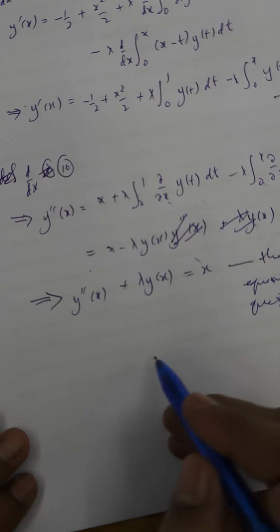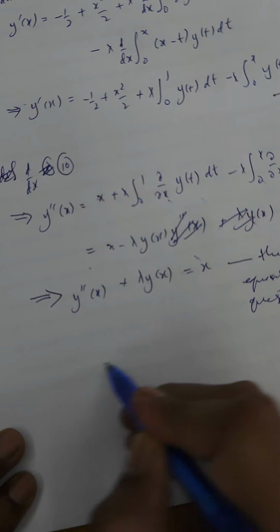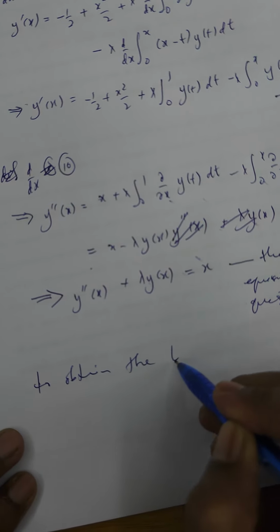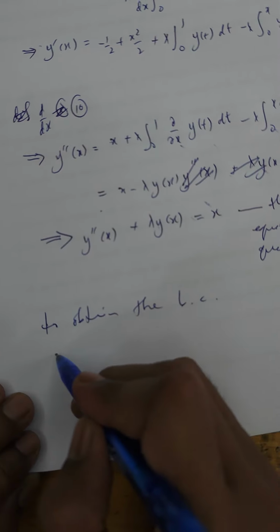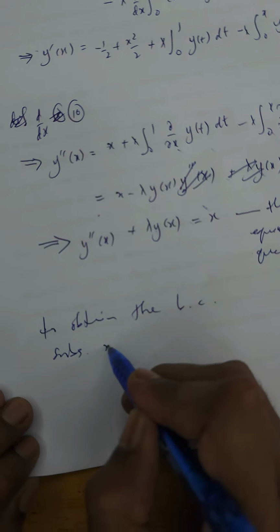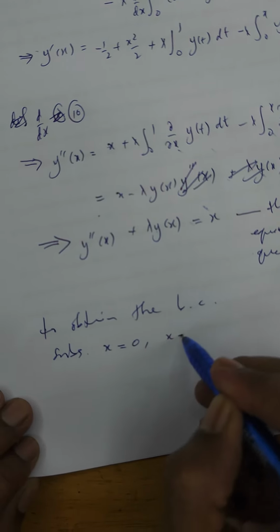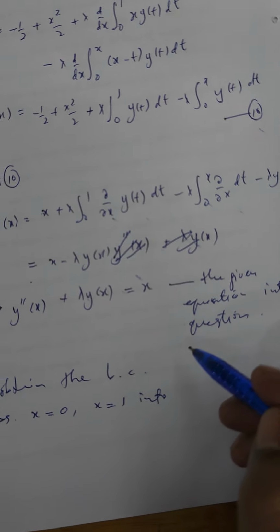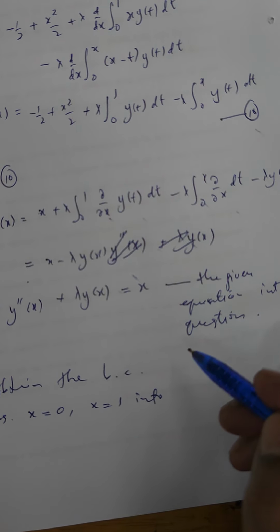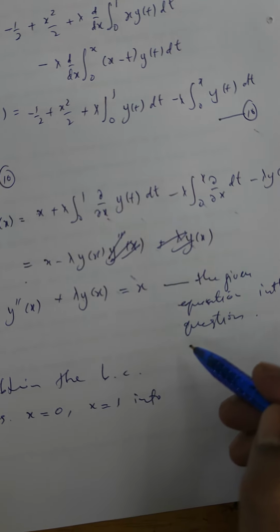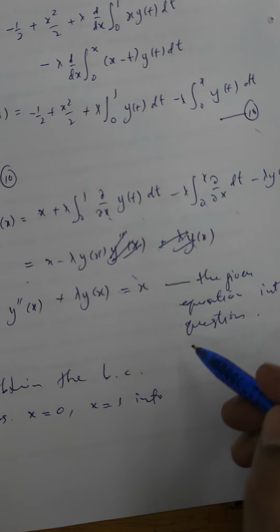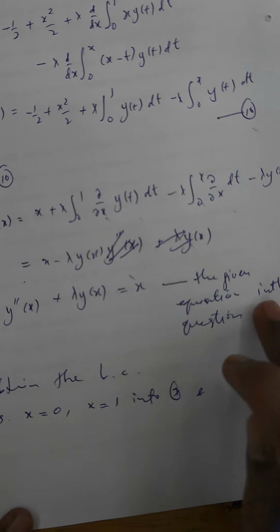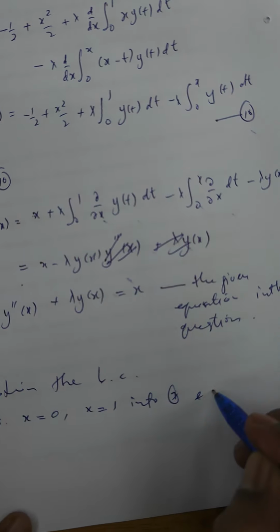Okay, so to obtain the boundary condition, we substitute x equal to 0 and x equal to 1 into equation 7, and another one is 10.